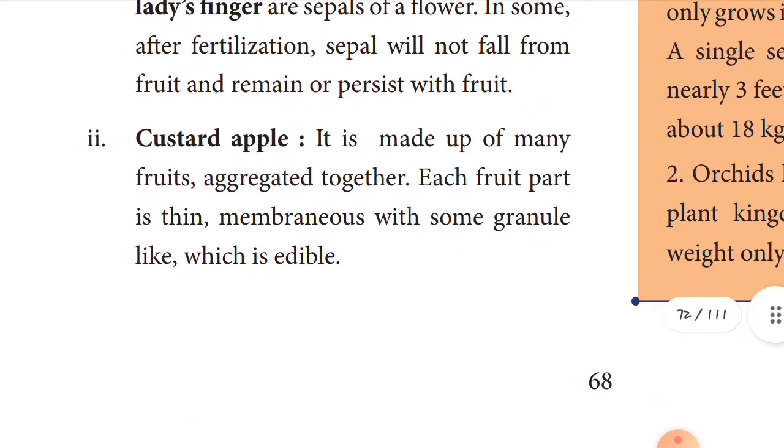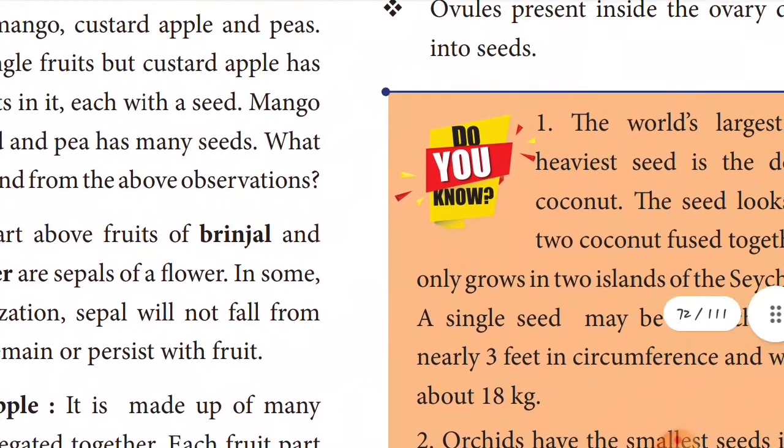See the next point, custard apple. It is made up of many fruits aggregated together to form an apple. Each fruit part is thin and membranous with some granule-like portion, which is the edible portion.